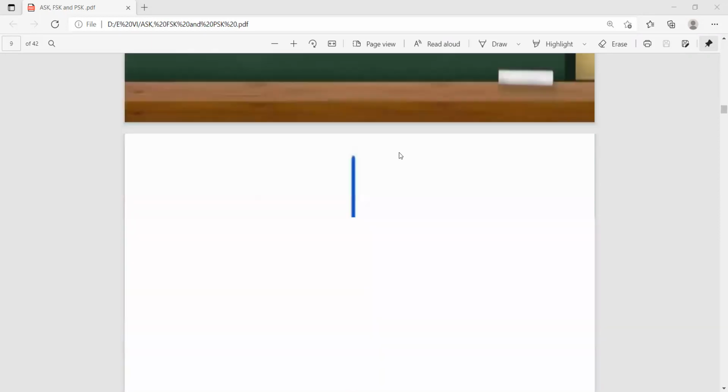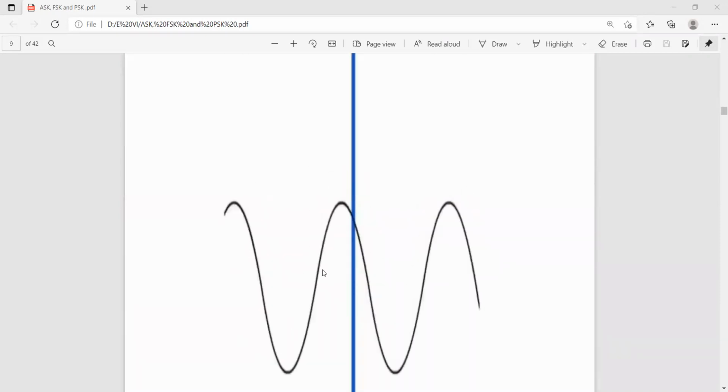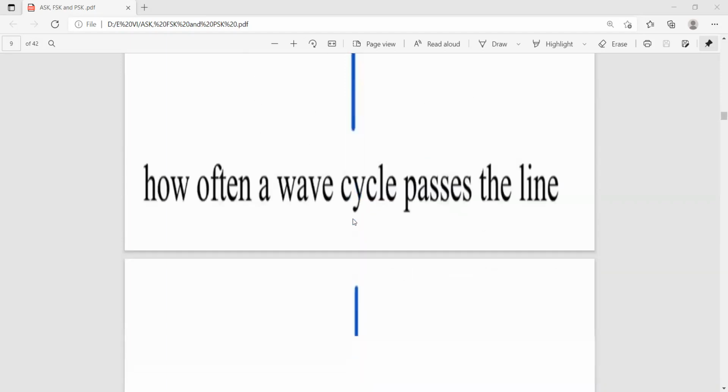Now the frequency. Let us take one point and see how many waves are crossing it: one cycle, two cycles, three cycles, counted as the number of cycles crossing per second. That is generally the frequency term.